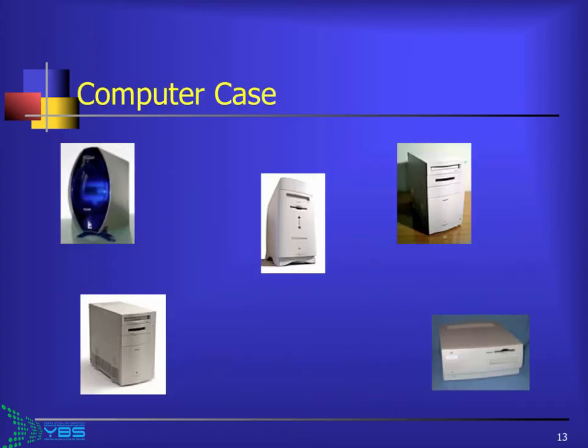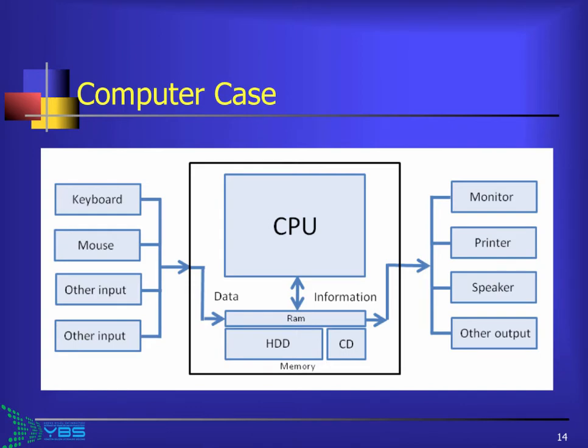Let's talk about the computer case, which simply holds the CPU. Inside it, the CPU and memory are put into the computer case, and you see on the screen there are some different types of computer cases, and you have to understand that the computer case is almost the left side of the inputs.